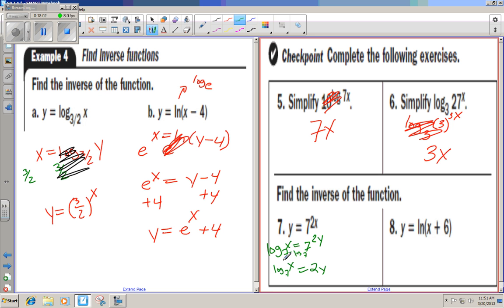So we're not quite done yet, because now we need to divide by 2. So y is log base 7 of x divided by 2.